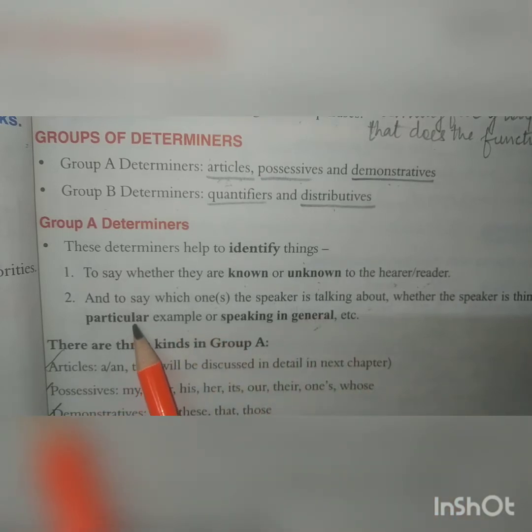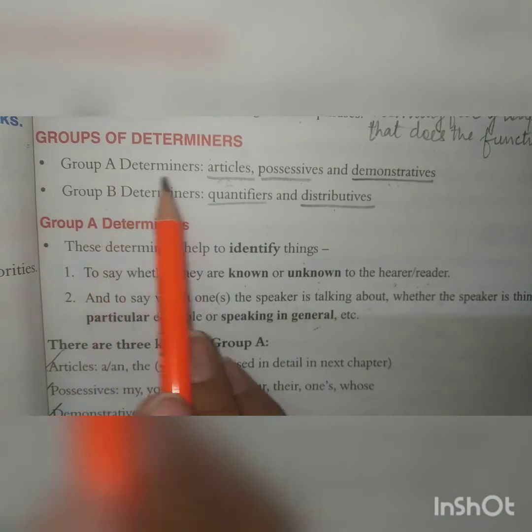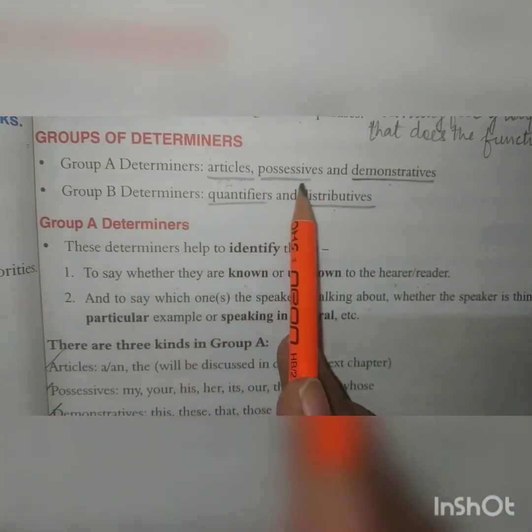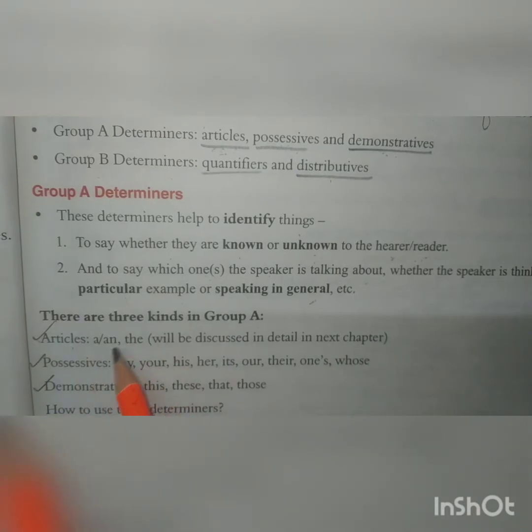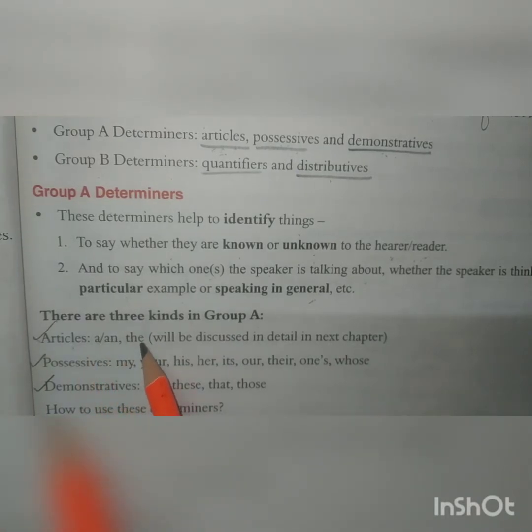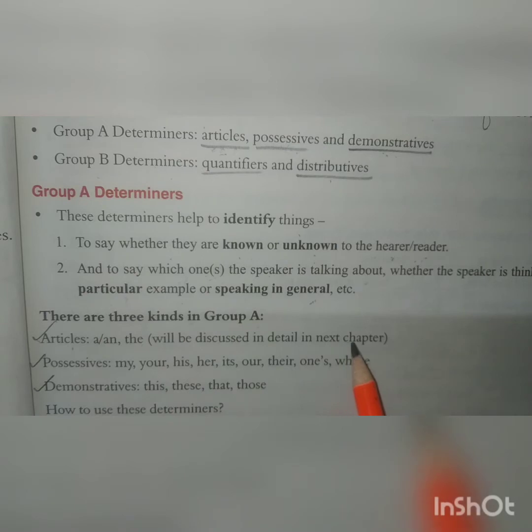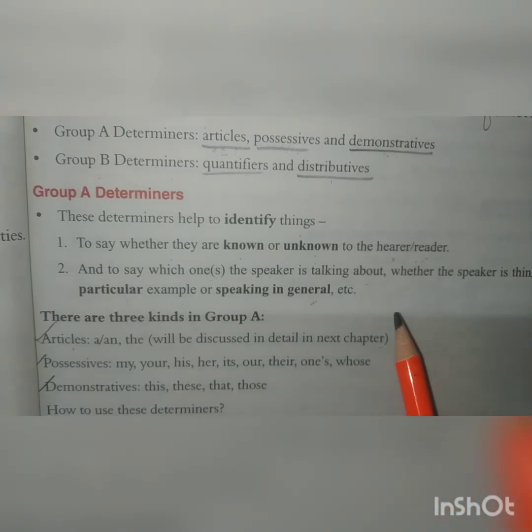If we are talking about something particular, then we use the article the. In group A we have 3 kinds: articles, possessives and demonstratives. The articles are a, an and the. It will be discussed in detail. You have already covered this chapter, so no need to tell me.